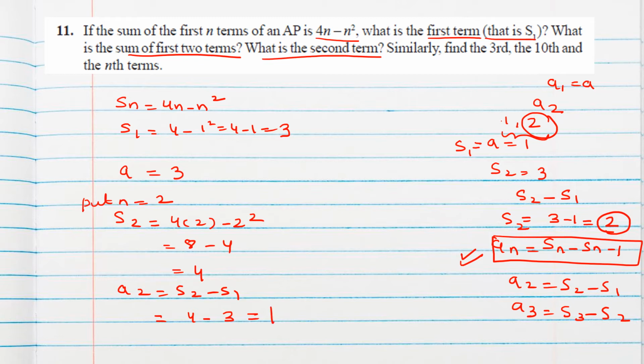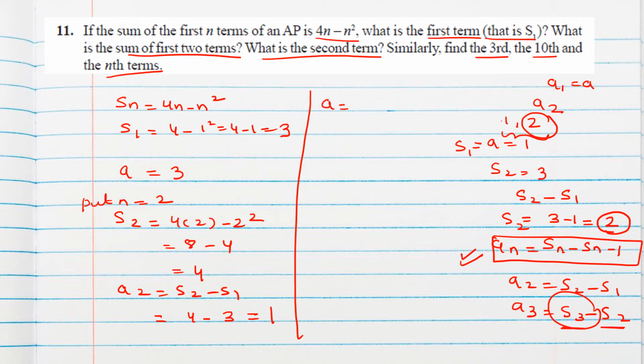Now find the third term and 10th and the nth term. Similarly, we can find the third term. S3 we should find, and S2 we got already. But most preferably, you can find by this method, because A you know and the second term is 1.